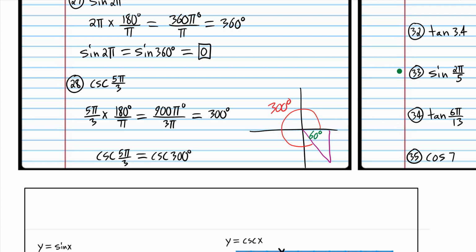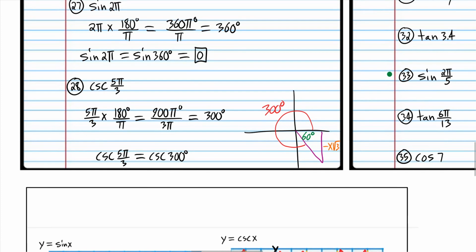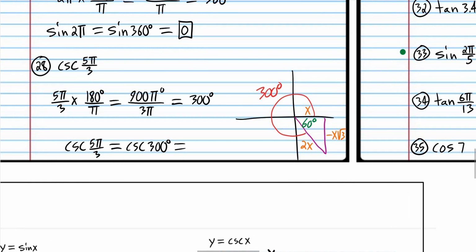The opposite side of 60 degrees is negative x root 3. Negative because it's below the x-axis. And the adjacent side is x. Hypotenuse is 2x. So cosecant 5 pi over 3 is the hypotenuse divided by the side opposite the green reference angle.